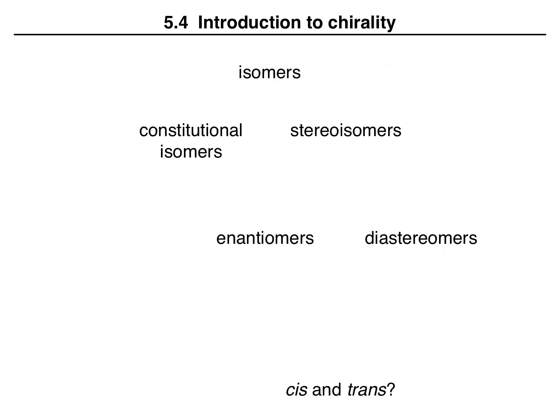So let's take a step back then and come back to this idea of isomers, and let's get some new definitions. So remember, isomers have the same molecular formula, but are different compounds. Isomers can be divided into constitutional isomers or stereoisomers.